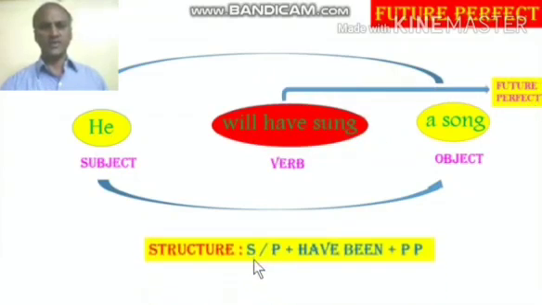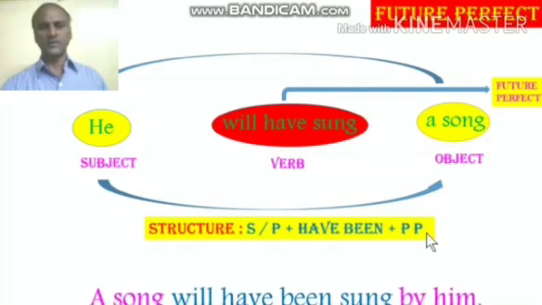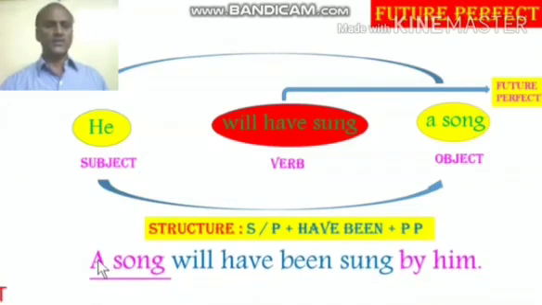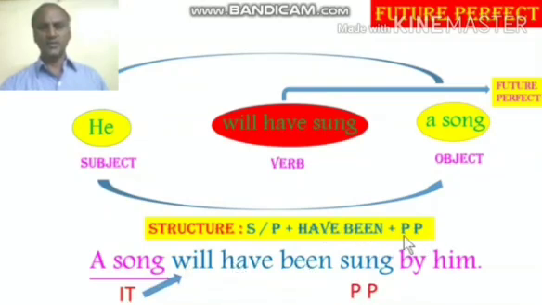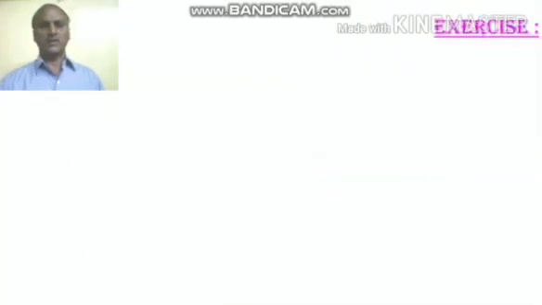Hence we need the structure singular plural plus have been plus past participle. So the passive answer is a song will have been sung by him. Since a song is in third person singular it, we have to use will, and as per the structure, have been we have to use, then the past participle for the word sung is sung only. Hence again, a song will have been sung by him.